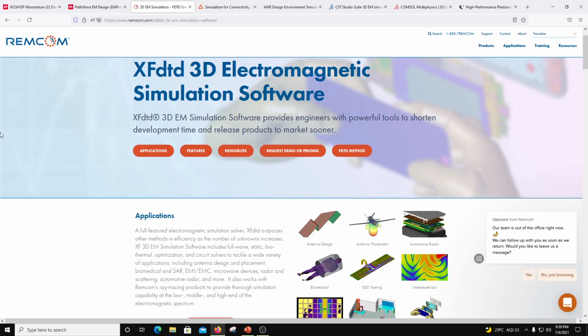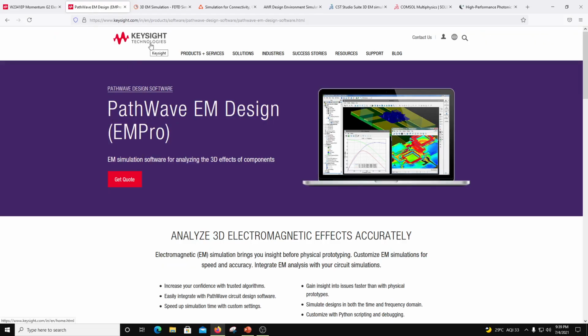It is now the intellectual property of Remcom, right? But this is the same algorithm by Allen Taflove and Susan Hagness. Now this XFdtd, some rights were bought out by Keysight, earlier called Agilent, and that is incorporated as the FDTD simulation in your EMPro.